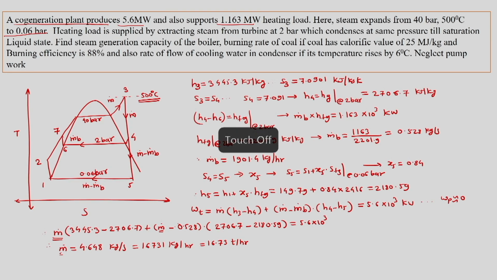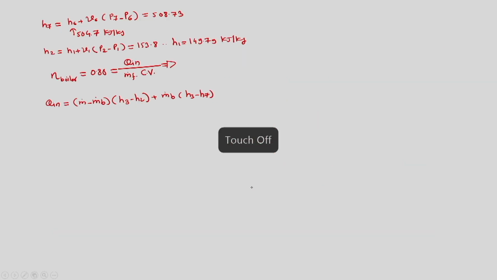It means that the pump actually deals with m dot minus m dot b and supplies to the entry to the boiler. So m dot minus m dot b gets heated in this complete path from 2 to 3, but m dot b joins over here at 7. So m dot b gets heated from 7 to 3.